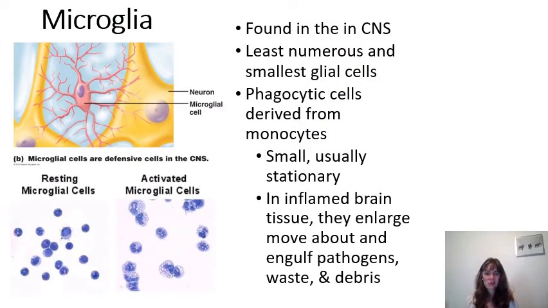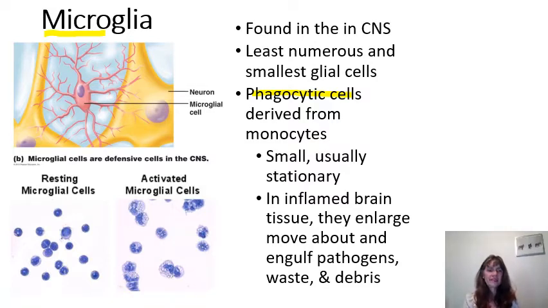This takes us to microglial cells. Microglia are tiny, hence the word microglia. The prefix micro means tiny. These are tiny phagocytic cells that are derived from monocytes. These are little phagocytic cells that eat up pathogens and waste and debris.